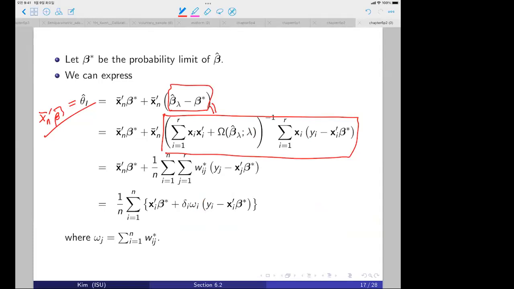Well, I think this is not really correct. There's actually some additional term corresponding to, yeah. Okay, so let's do what, yeah.